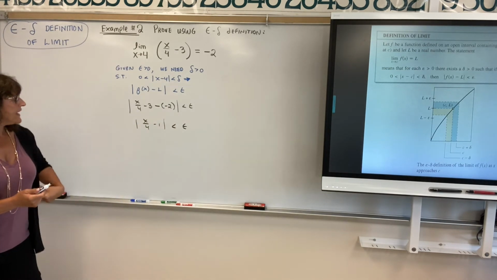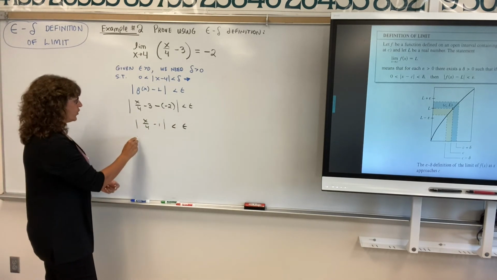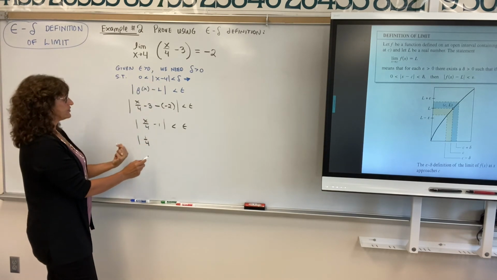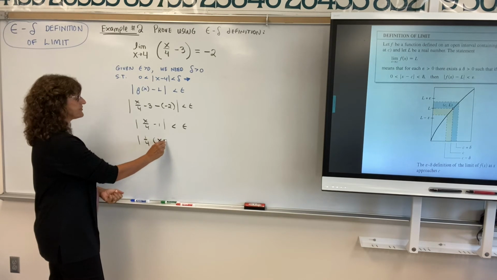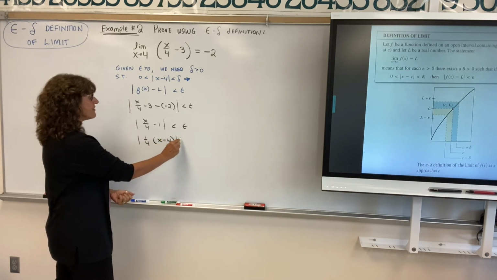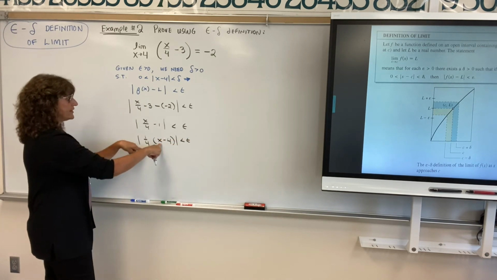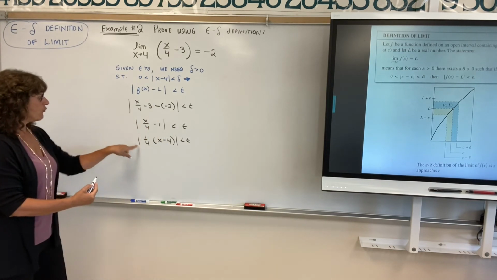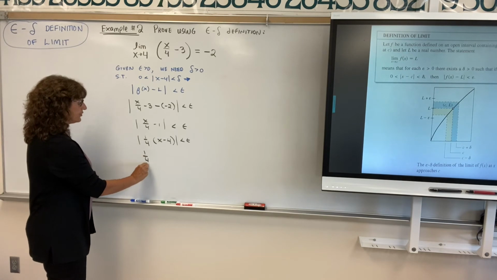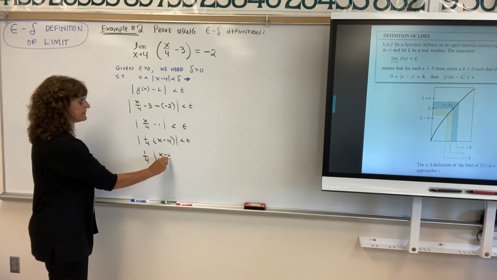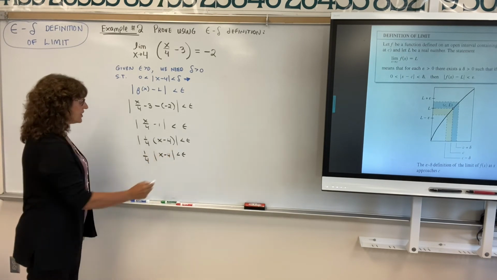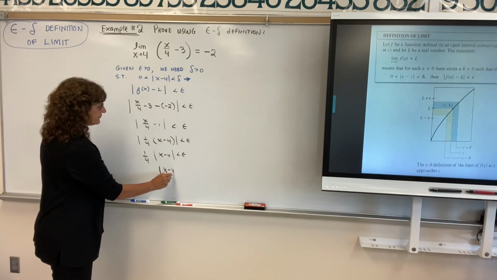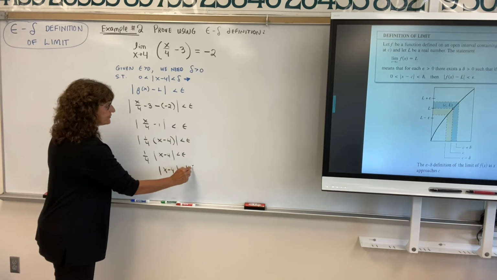And let's go ahead and factor out a 1/4, because we know that needs to be x minus 4. 1/4 times x is x over 4. 1/4 of negative 4 is a negative 1. The 1/4 can come outside, and here's your x minus c value in here, less than epsilon. Multiply both sides by 4. So the absolute value of x minus 4 is less than 4 times epsilon.